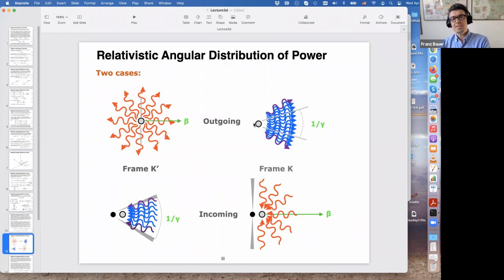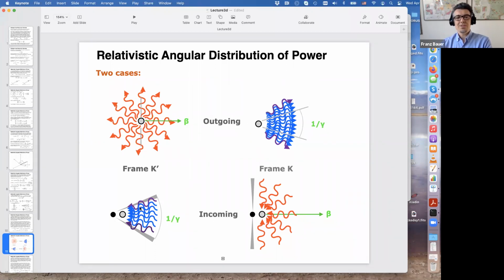In our frame, all this radiation is beamed in the forward direction of the velocity. You also get that this radiation, which maybe was initially red, gets Doppler shifted to be blue. So you have those two effects going on.